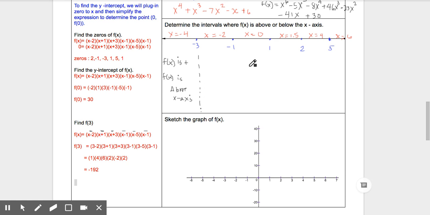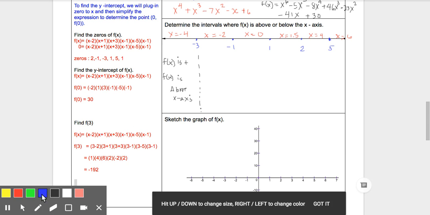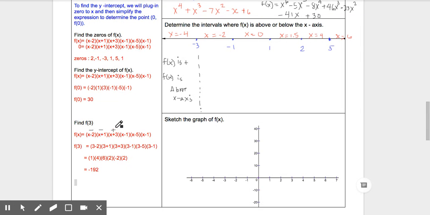All right, so let's move on to -2. When x is -2, negative 2 minus 2 is negative, negative 2 plus 1 is negative, negative 2 plus 3 is positive, because you'll have more positives here. Negative 2 minus 1 is negative, negative 2 minus 5 is negative, and negative 2 minus 1 is negative.